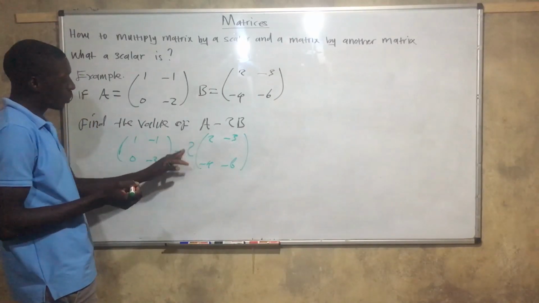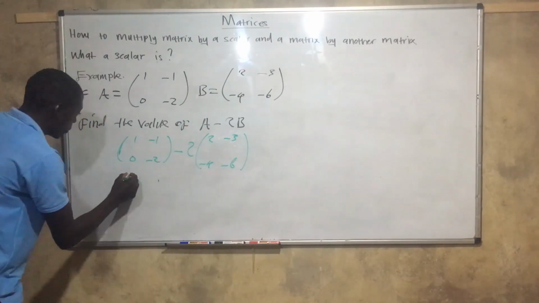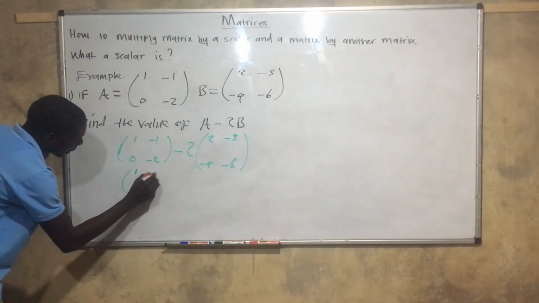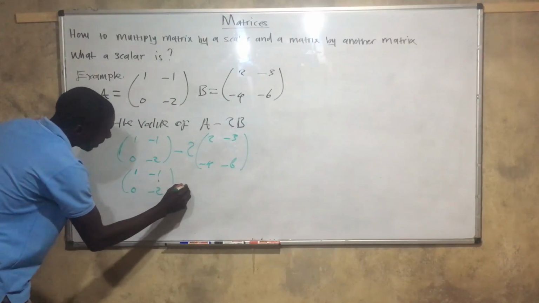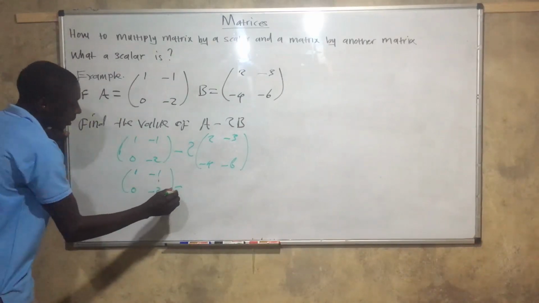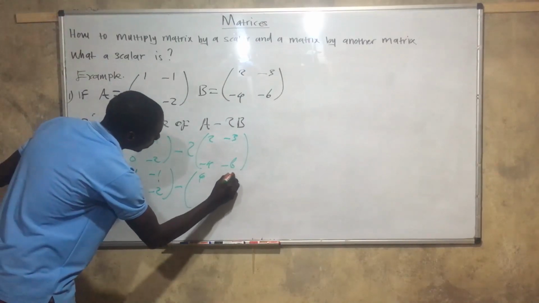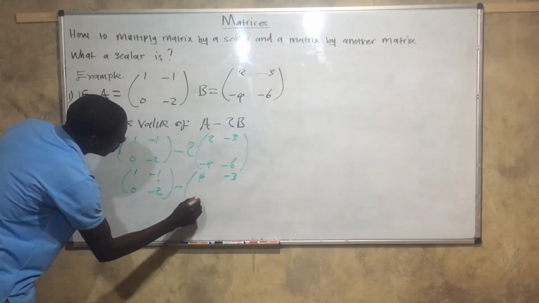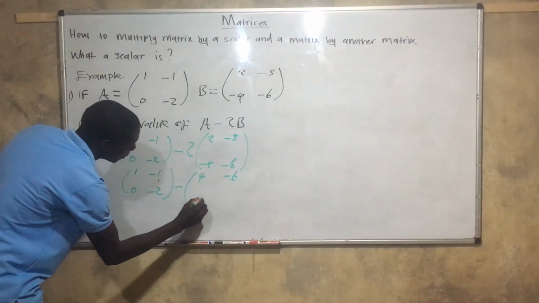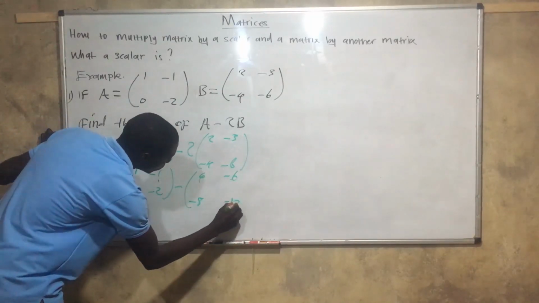We are multiplying this 2 with the numbers in matrix B. Then we multiply this number, which is a scalar, by what is in matrix B: 2 multiplied by 4 will be negative 8, 2 multiplied by negative 6 will be negative 12.